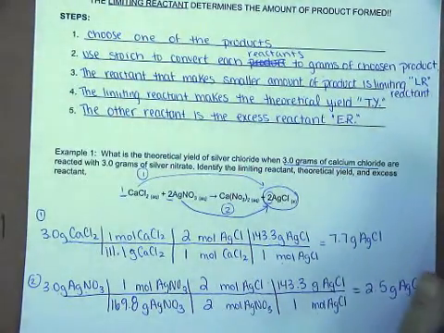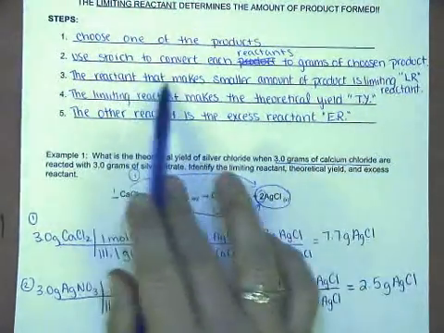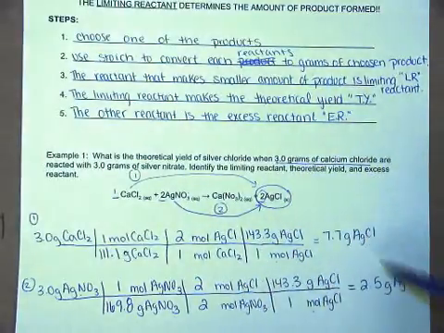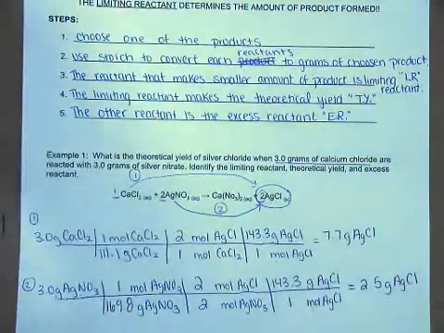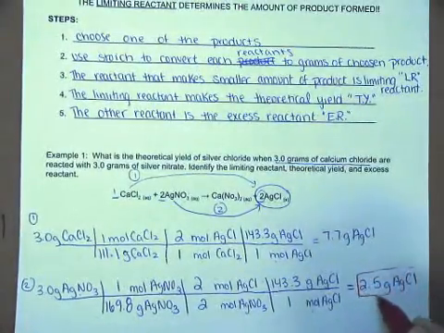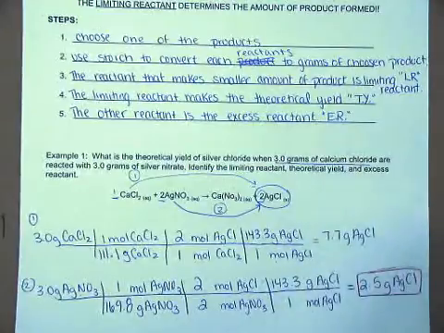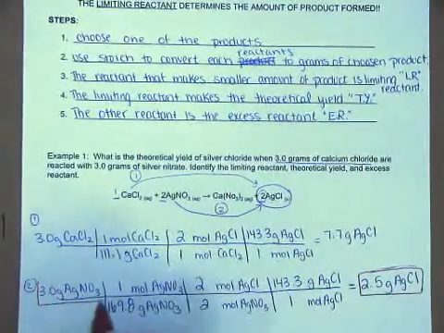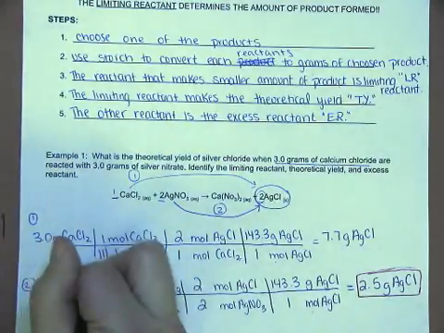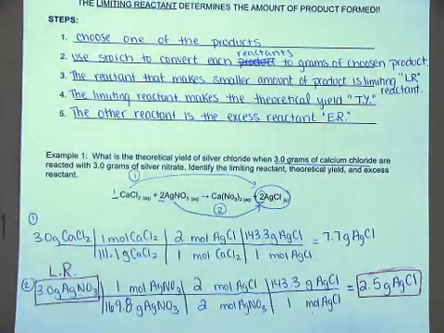Now, if I remember, the reactant that makes the smaller amount of product is the limiting reactant. So the smaller amount of product made is here, and that was made by my 3 grams of silver nitrate. So my silver nitrate is my limiting reactant.